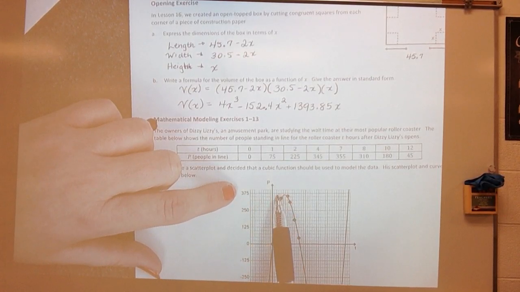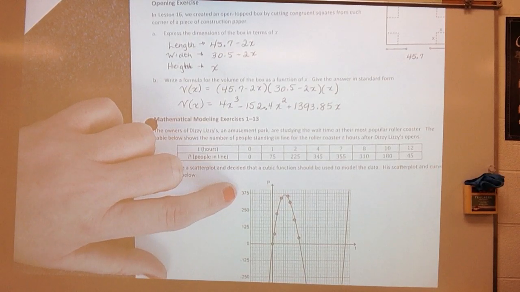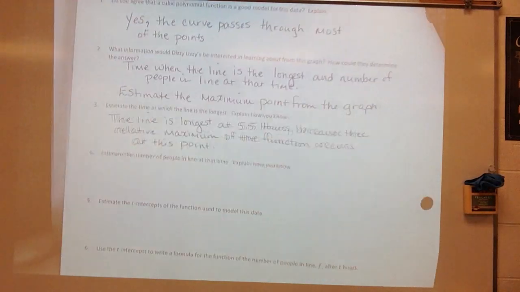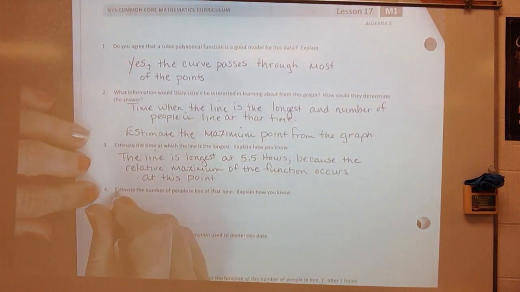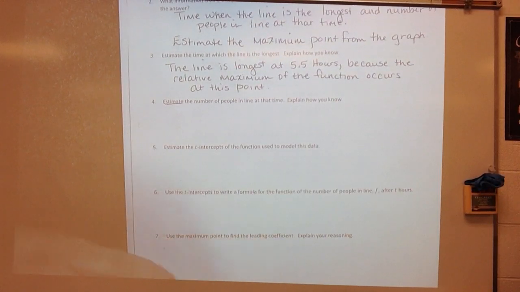So I'm between 350 and 375. It's about middle ways there. So we'll say, and notice it says estimate. That is a huge thing there, estimate. So there are roughly about 372 people.